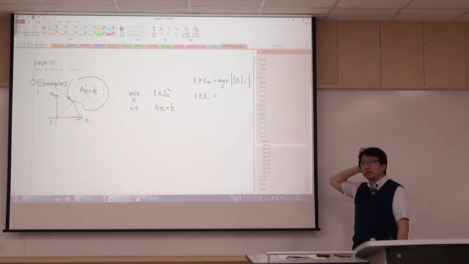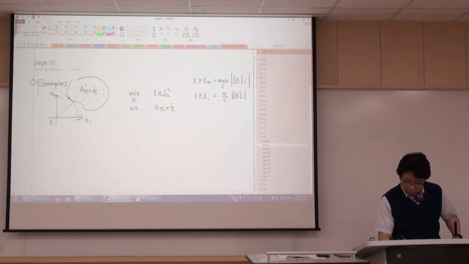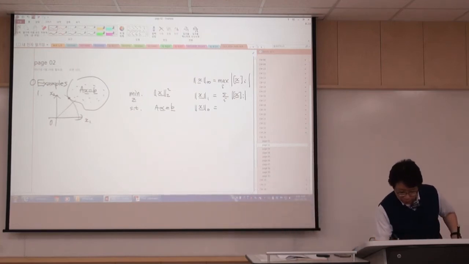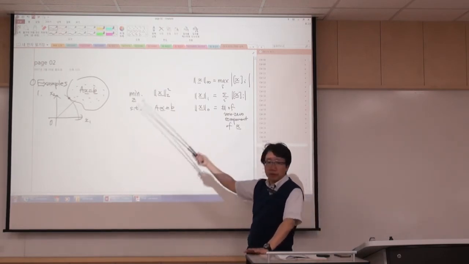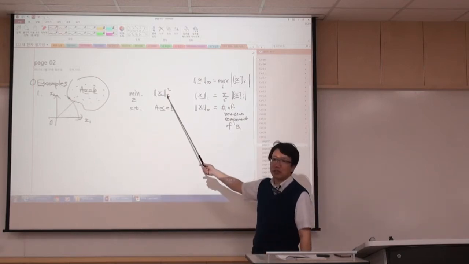A sum of absolute values. What is zero norm? Right, the number of non-zero entries, components. So by changing the norm, you have different kinds of problems. Among them, actually, this is the easiest.